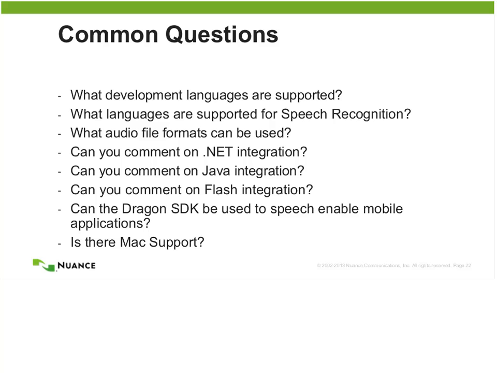As far as Java integration, the story with Java is that Java doesn't directly support COM. So in order for you to build an application with Java, you would need to create a wrapper, basically, in order for the application to talk to the COM interfaces available in Dragon.